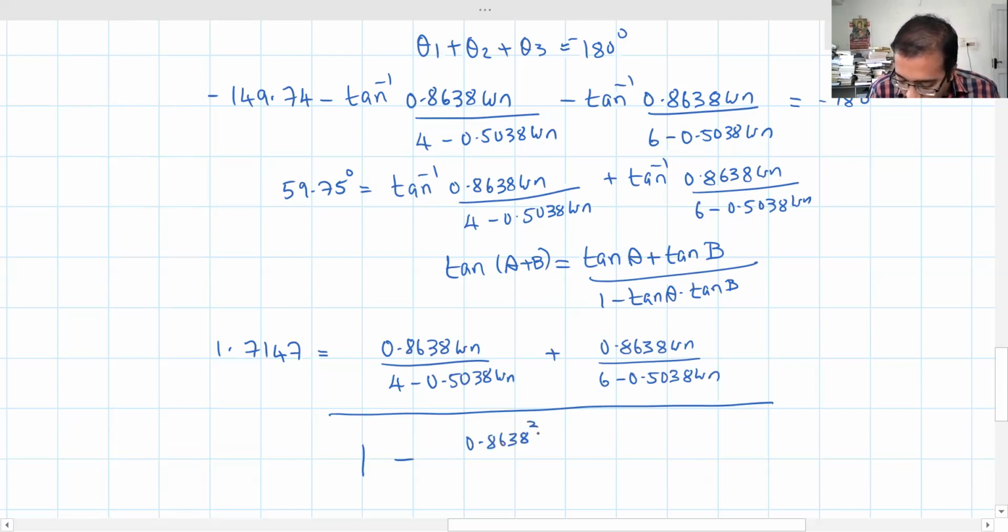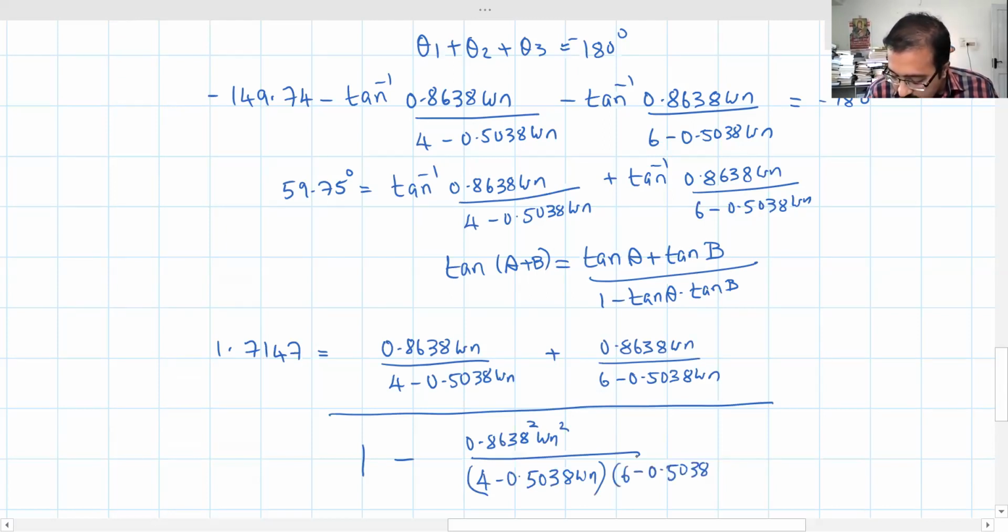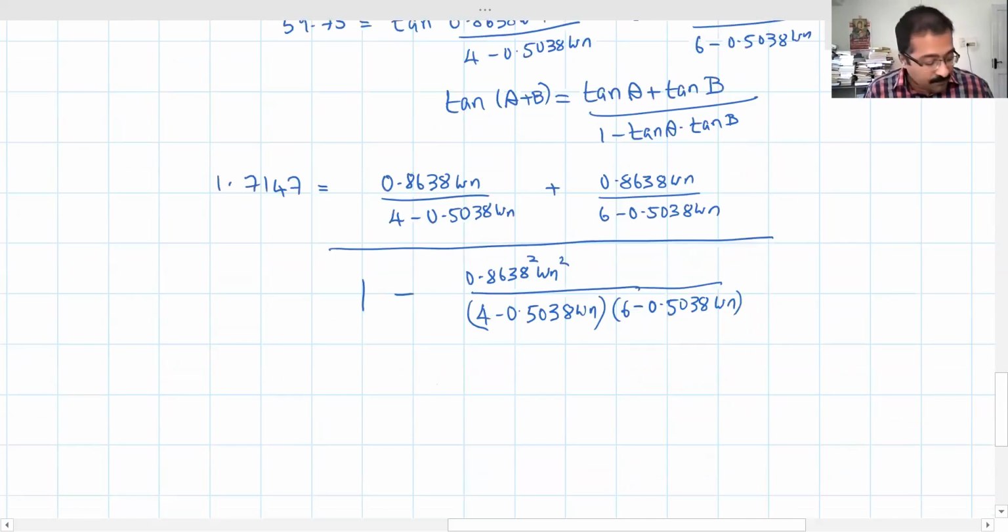That means 0.8638 square omega n square divided by 4 minus 0.5038 omega n into 6 minus 0.5038 omega n. Okay, how will you solve this? Take the LCM and simplify that.